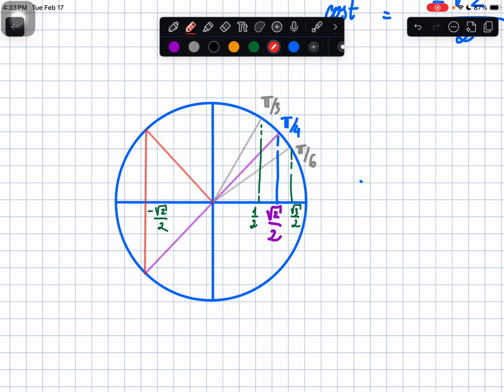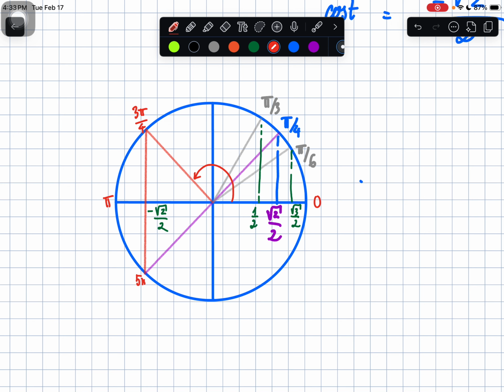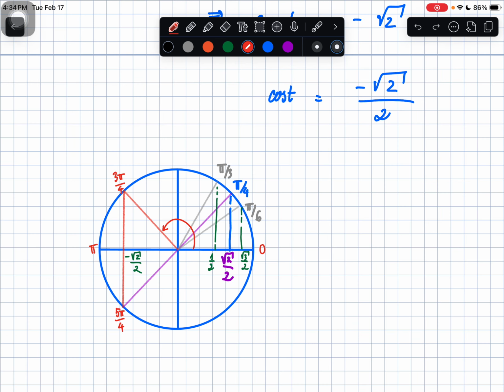The first values for these: we have 0, pi over 4, pi over 2, 3 pi over 4, pi, 4 pi over 4, 5 pi over 4. Now we set cosine t equal to minus root 2 over 2. t is equal to 3 pi over 4 or 5 pi over 4.